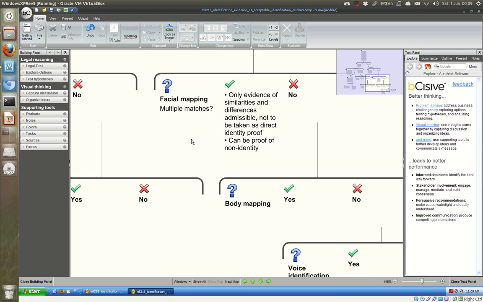Another form is facial mapping, and it's only really of use if there are multiple points of match between the face of the accused and the face available on the computer. And as I said before, it can only be used to provide evidence of similarities and differences, and it cannot be taken as direct identity proof, but it can be used as proof of non-identity.